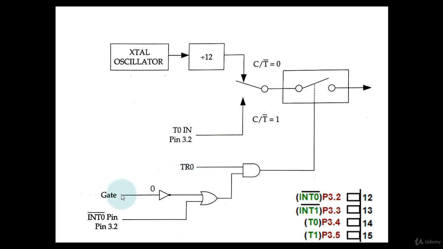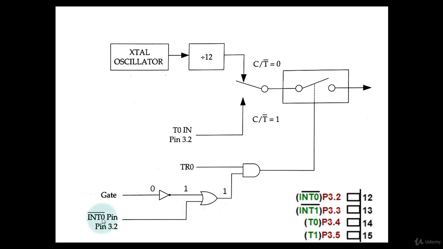So when gate pin is logic 0, output of this NOT gate is 1, and whatever may be the status of INT0 pin. INT0 bar, these are external interrupt pins of 8051.